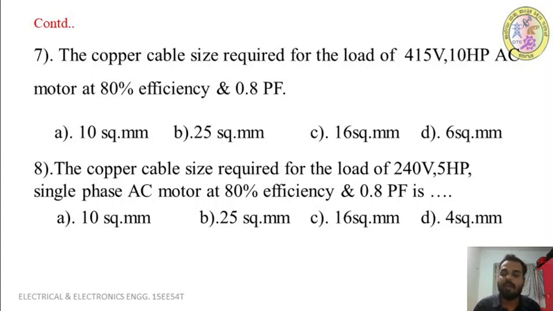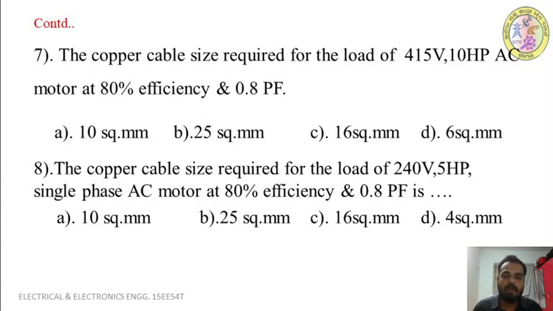Then you have to look at the cable size chart. To carry the 32 ampere current, the cable size you require is 6 square mm. So the answer is D, 6 square mm. Okay, we'll see the next problem.